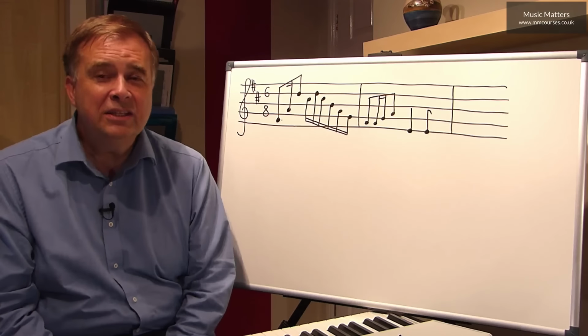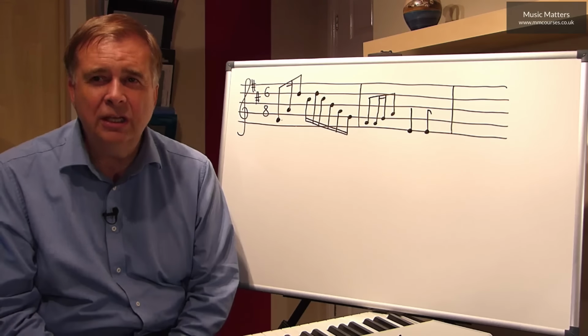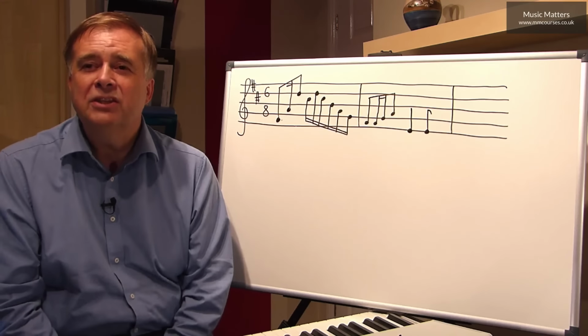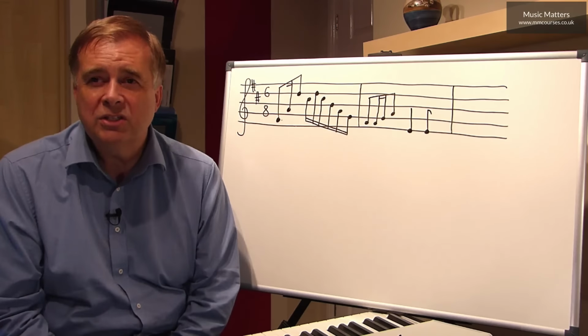And before you get into the detail of the phrase structure, you might just want to think about the general structure of the piece. For example, you might be dealing with a question that's asking you to write a melody in a particular form. Sometimes you'll get a question that says, write a melody of somewhere between 16 and 20 bars in length.